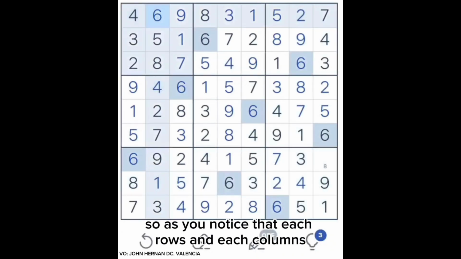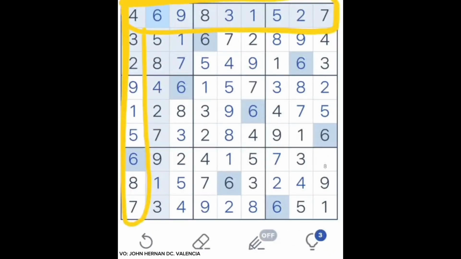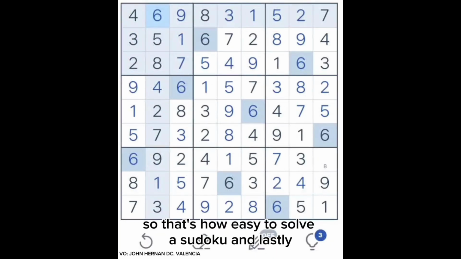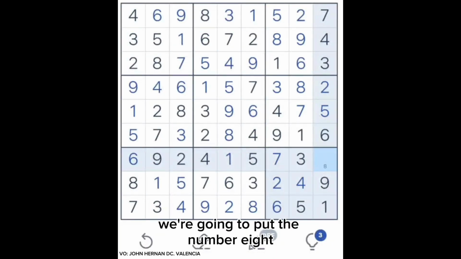As you noticed, each row and each column has numbers from 1 to 9, and it doesn't have any repetitions. So that's how easy it is to solve a Sudoku. And lastly, we're going to put the number 8.